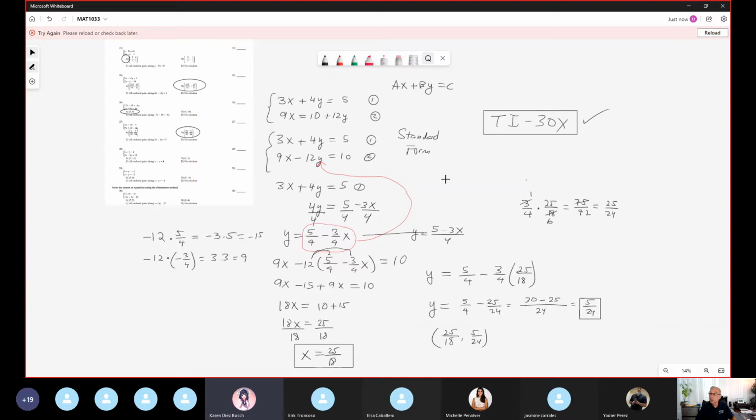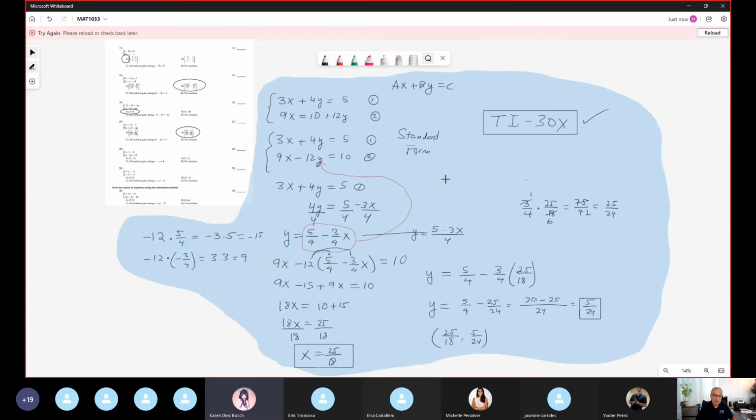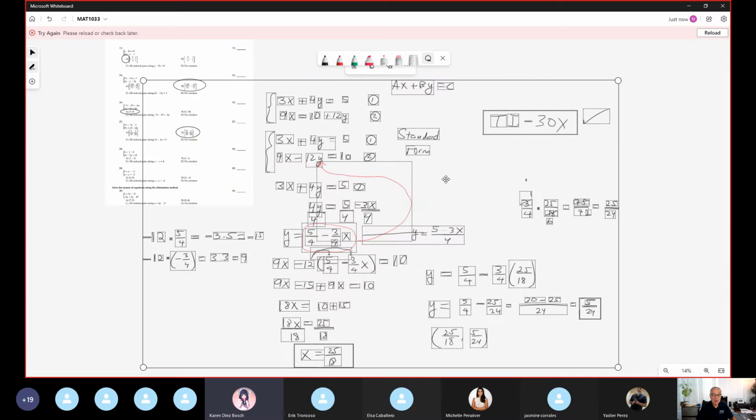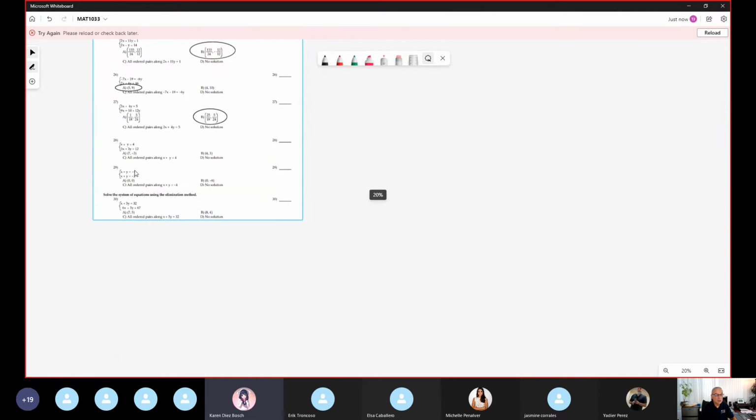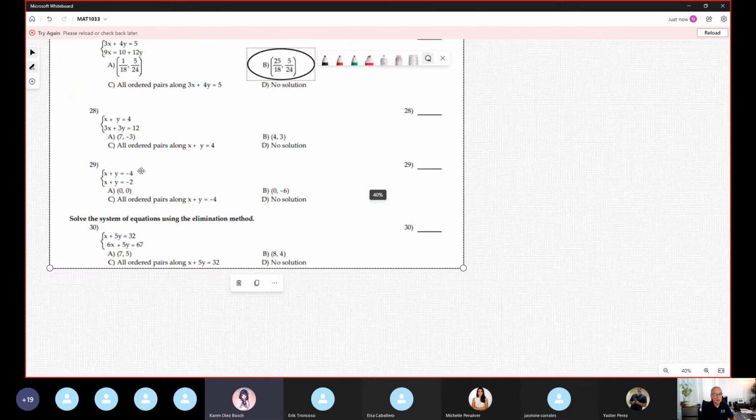The next two problems are very, very important because it's the classical idea when you have infinitely many solutions or no solution. Let me try 28 and 29.